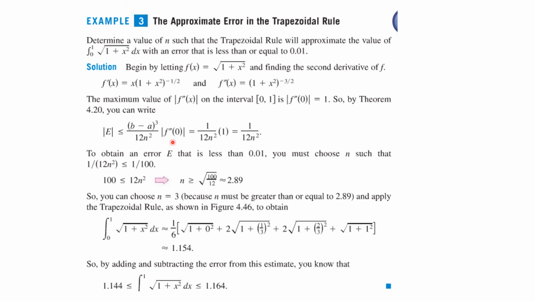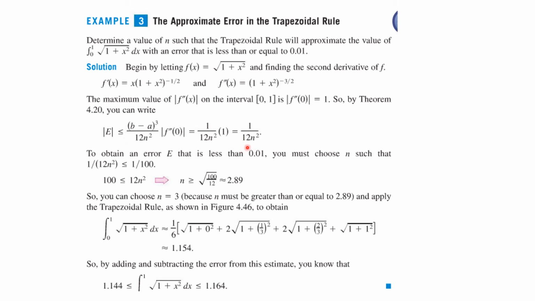So that's the maximum. By the theorem we just talked about, the absolute value of the error of the trapezoid rule is less than or equal to b minus a, which is 1, times k, which is 1, over 12n squared. So the absolute value of the error is less than or equal to 1 over 12n squared.